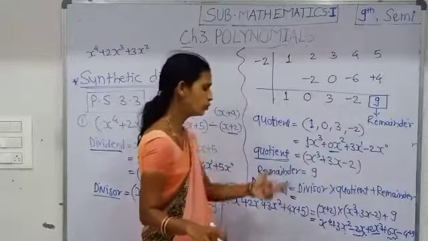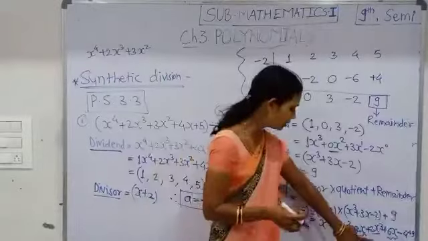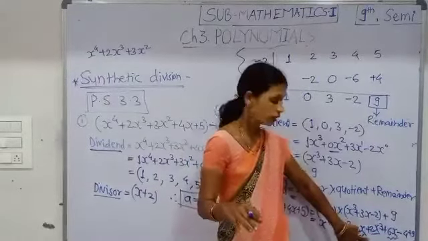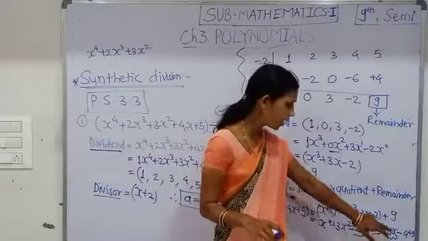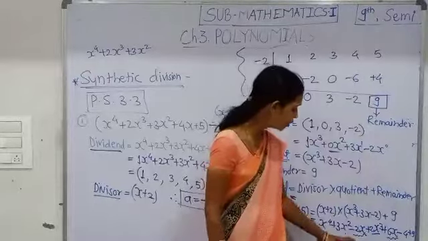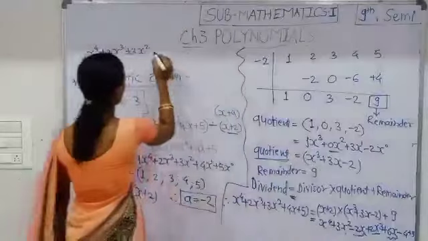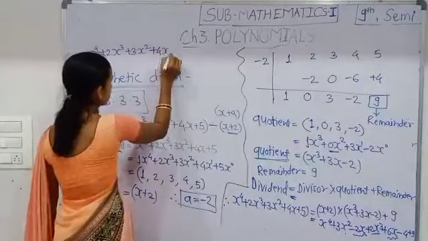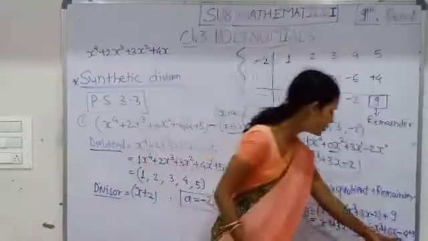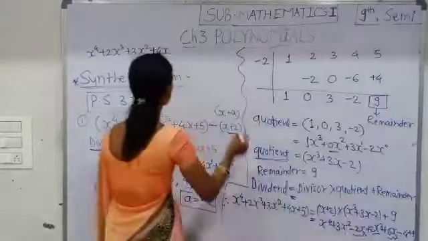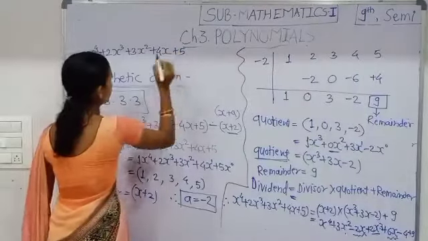All of you have solved the examples of addition and subtraction of polynomials. Therefore, minus 2x plus 6x is 4x. Minus 4 plus 9 is plus 5.